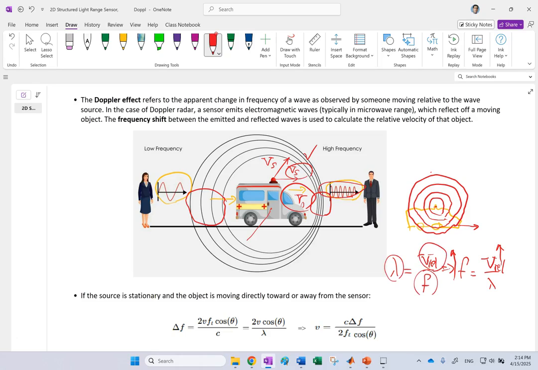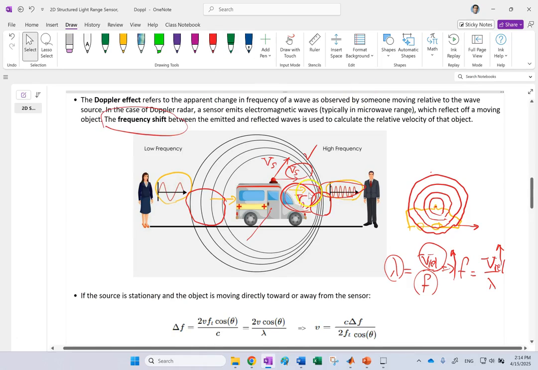And if I know V of the sound, I can measure V of the object from that, okay? Or I can do it based on the frequency shift, which is from the front and the stationary one, or in the back and the stationary one. I can measure the velocity of the object.